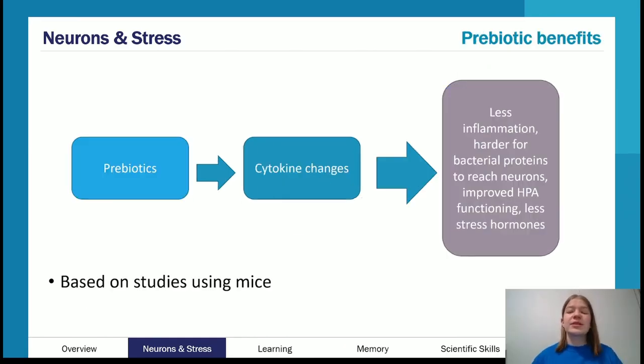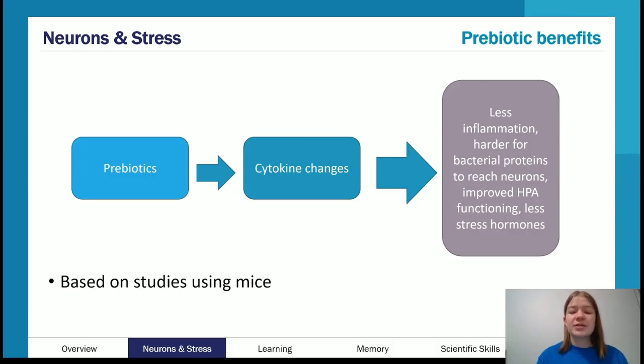One of these studies that was recommended also looked at the benefits of having a prebiotic. This was based on studies using mice. Like when we talk about the limitations of the general adaptation syndrome, because it was based on studies in mice where we can't necessarily generalize to humans, we have the same caution applying here.